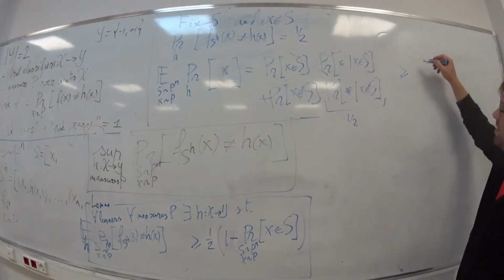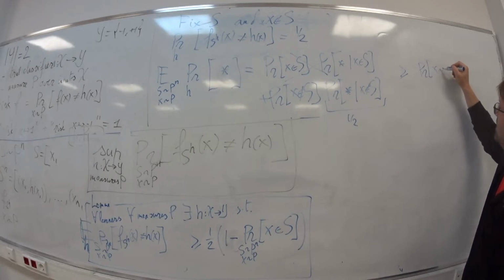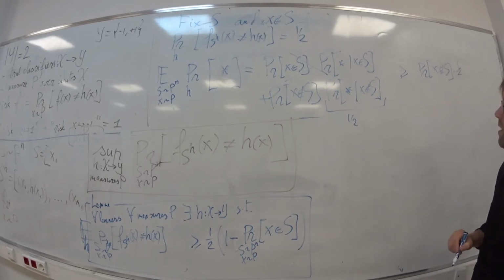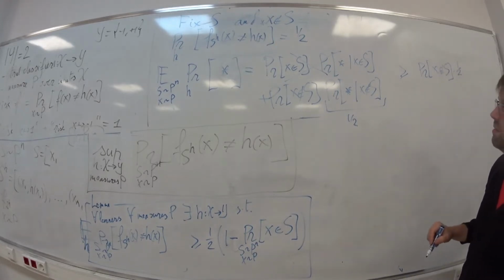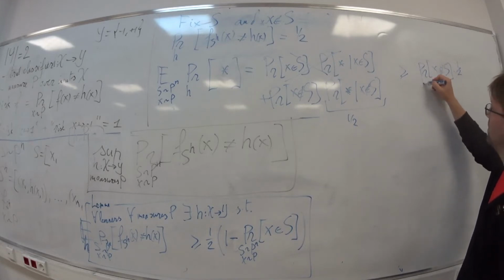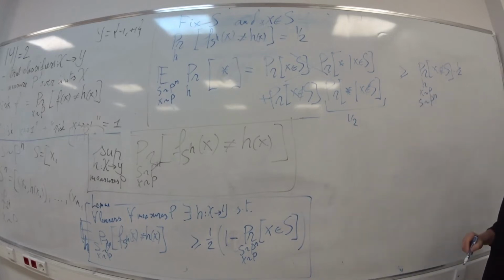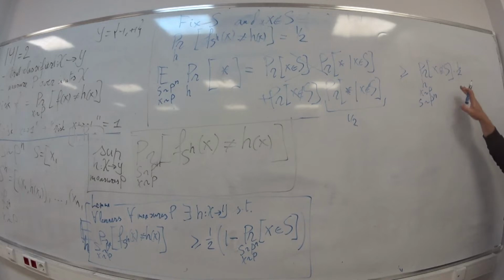So we have that this is at least the probability that x is not in S times 1/2. Here the probability goes over the generation of H, x in P, and S in P^n. And now I claim we are finished.